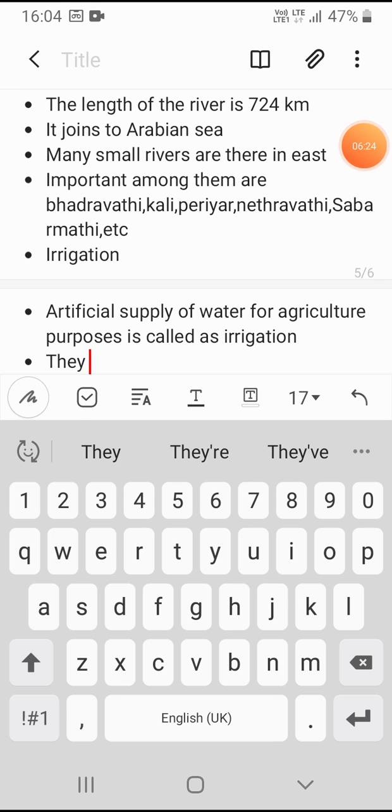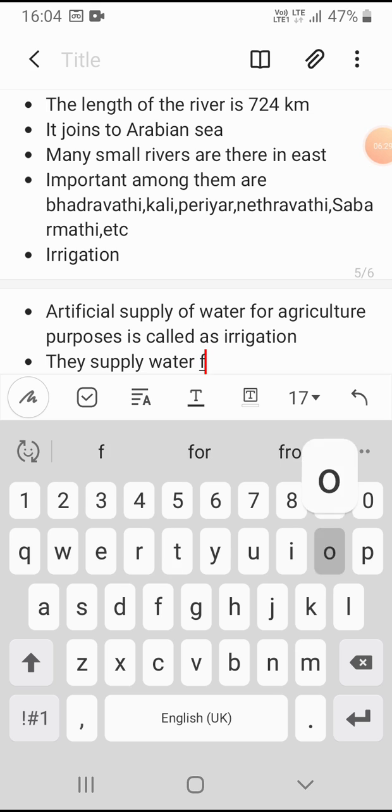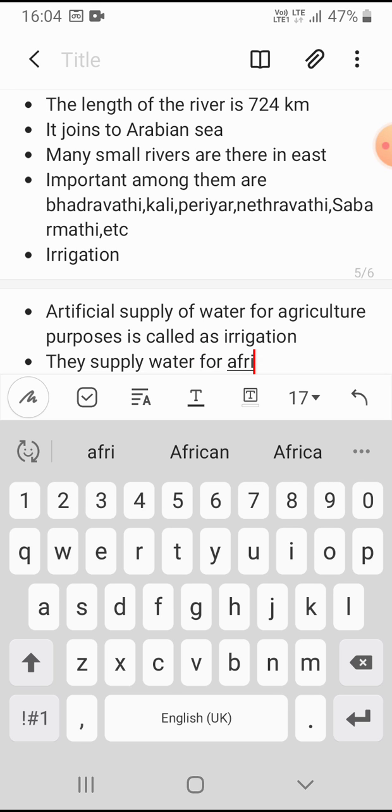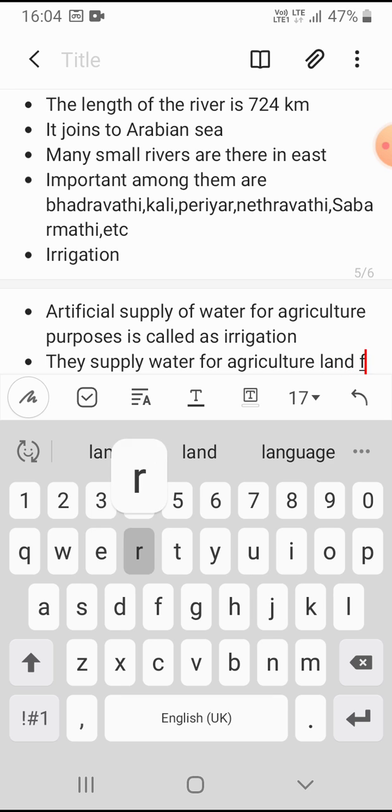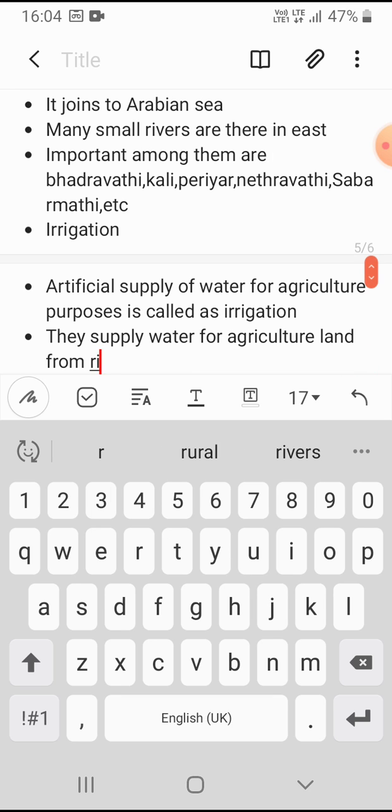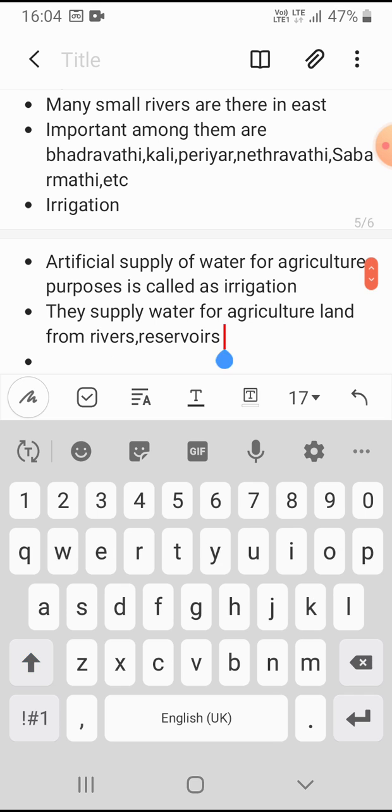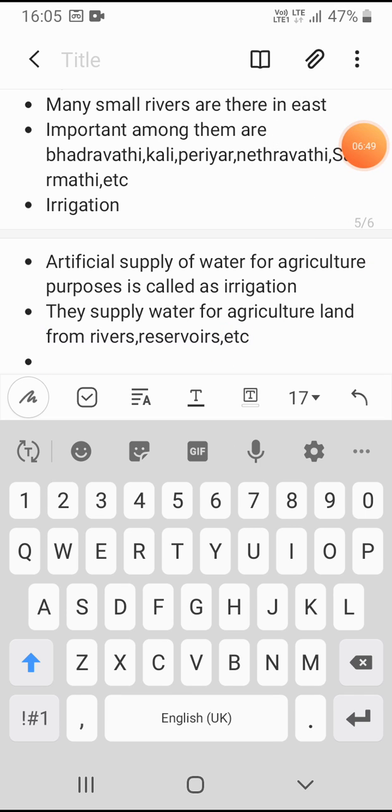So they supply water for agriculture land from rivers, reservoirs and some other places.